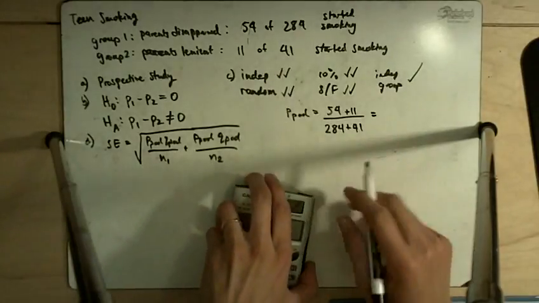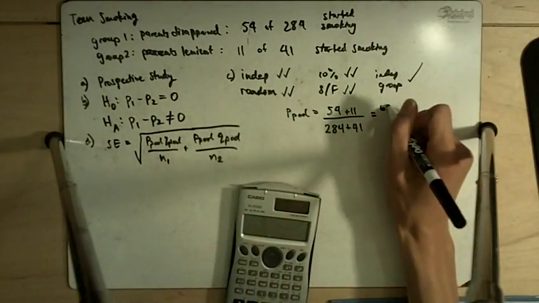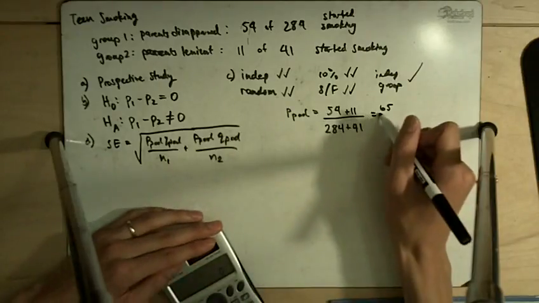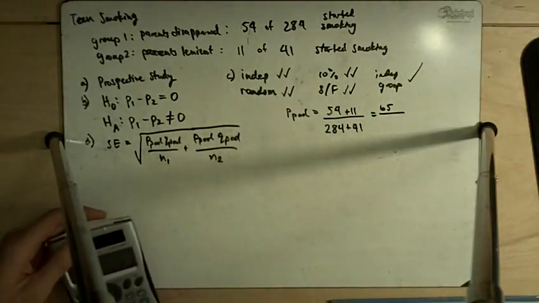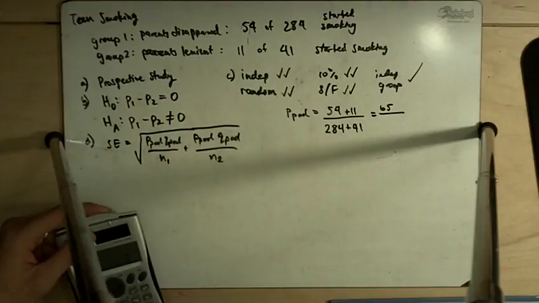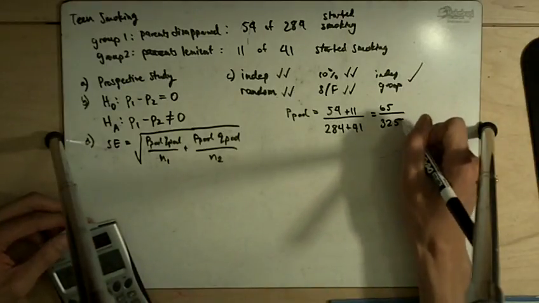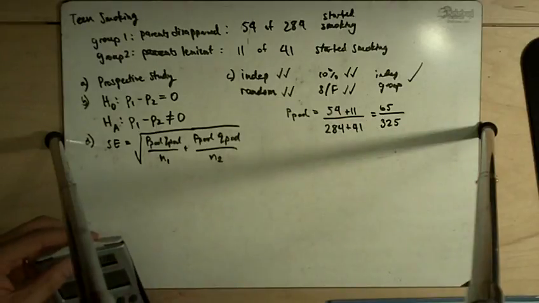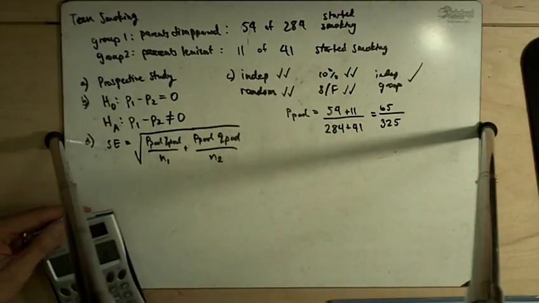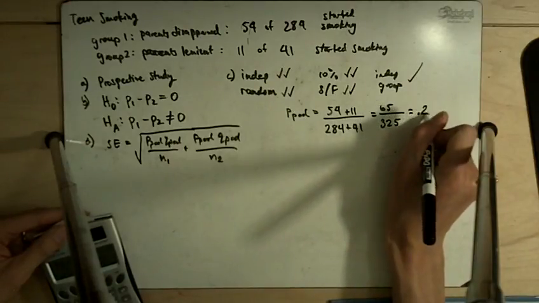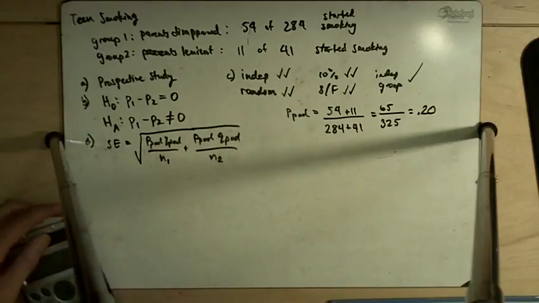So we have a total of 65 students who started smoking in total. And we have a total of 284 plus 41, 325 students total whom we asked. And that gives us a pooled proportion of exactly 0.20.